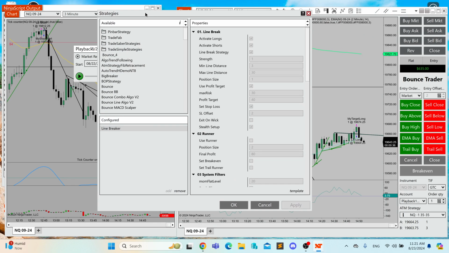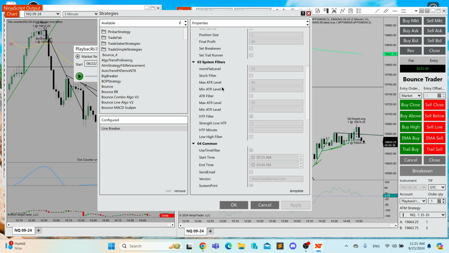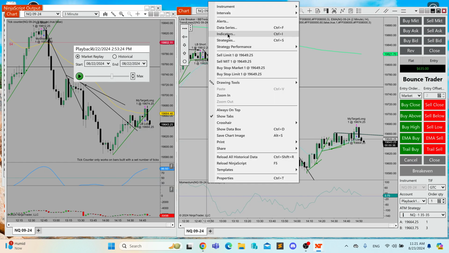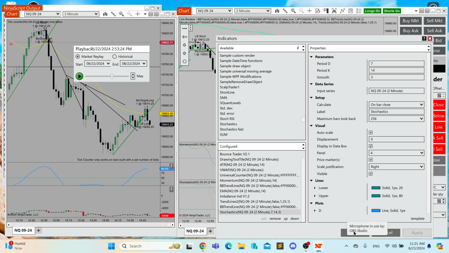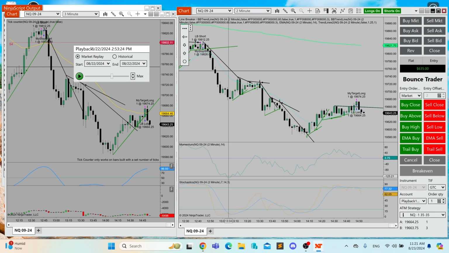The other way to filter out is by using the stochastic filter, and let me change it. In the stochastic filter, it's just the default settings, and we're saying that for longs it needs to be above 20.